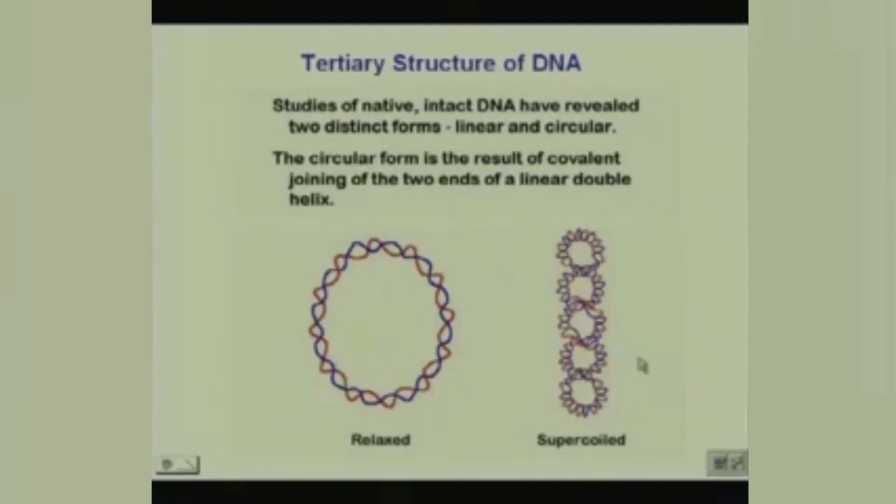So you have this supercoiled DNA, which is the way the DNA is stored. Because the DNA has to transfer its information to RNA, and this information has to be stored in the DNA. And because this linear strand does not remain as such, we have what is called supercoiled DNA.